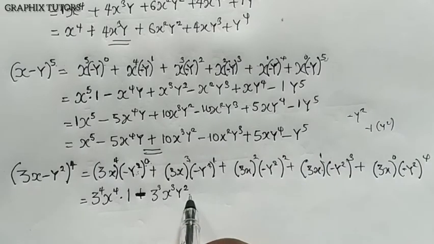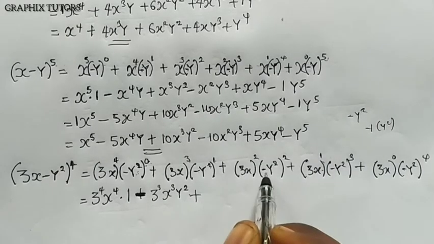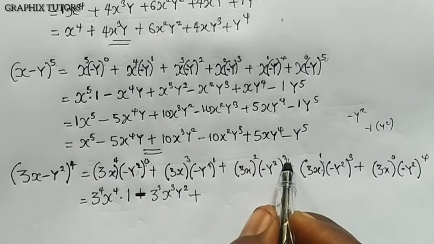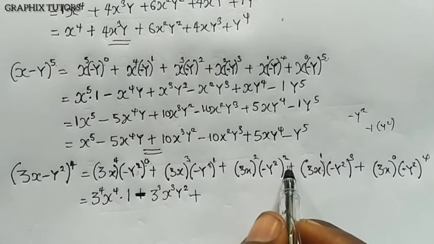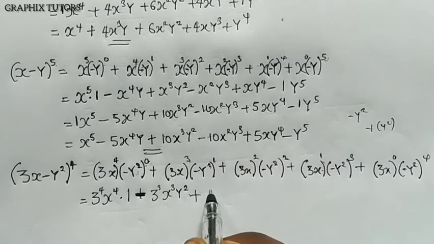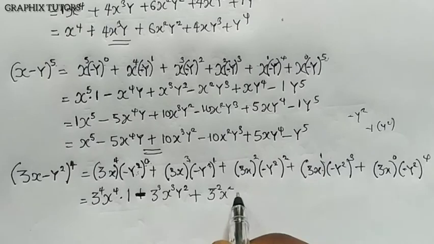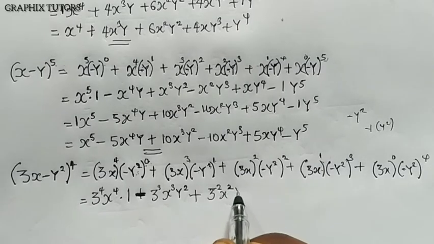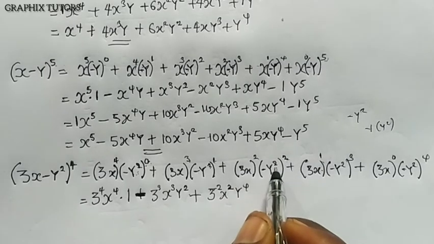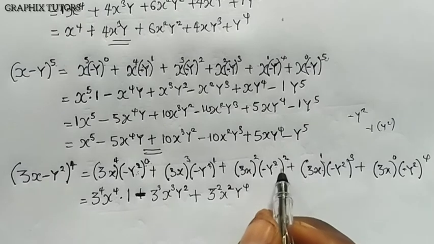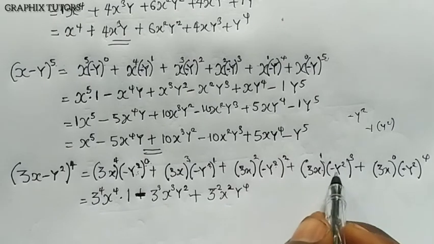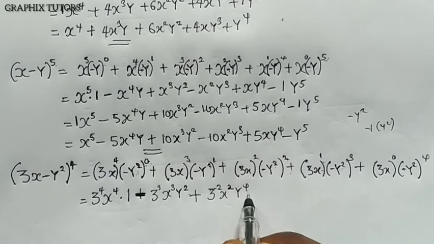Now plus, this is an even power, right? So we'll be having 3 squared x squared, and we have y^4, because 2 raised to the power 2 multiplied by 2 is 4. Now this is an odd number, so the negative affects this positive, so we have minus.